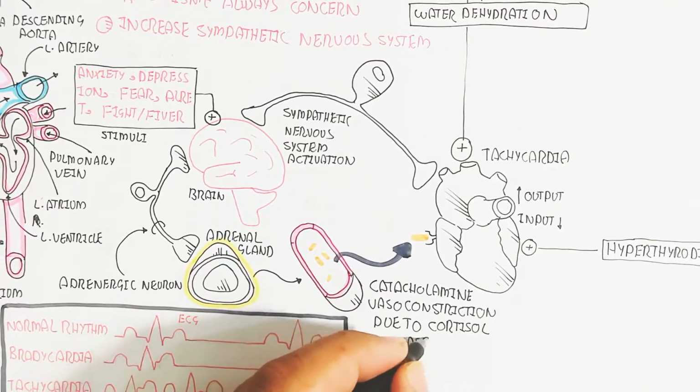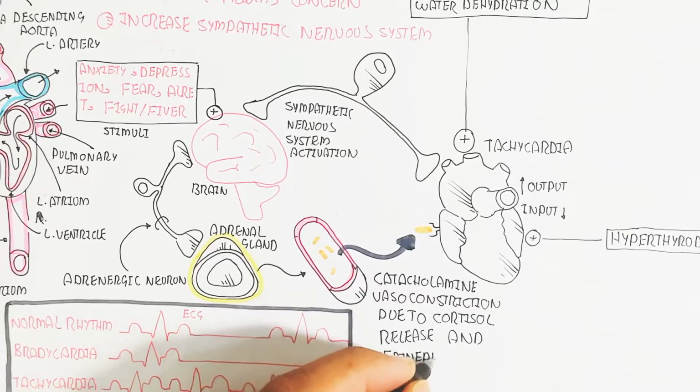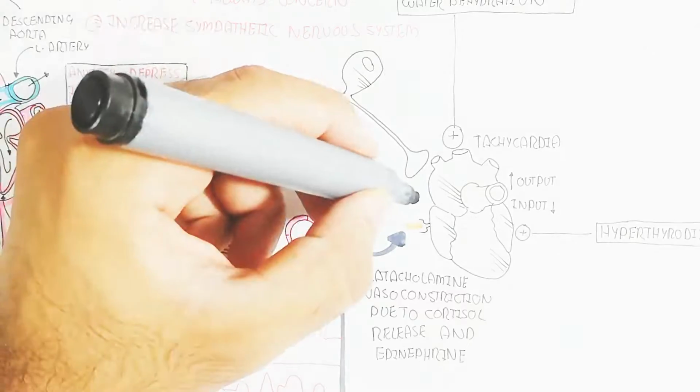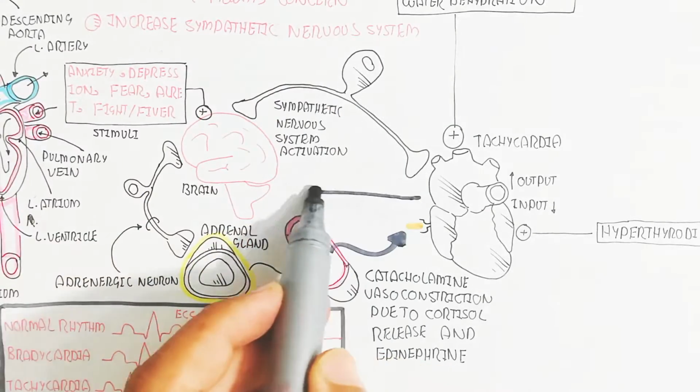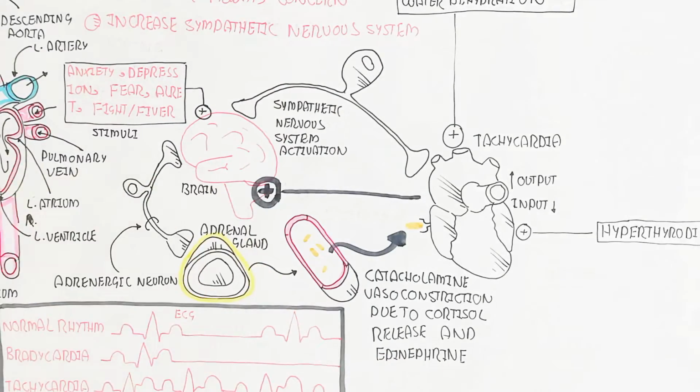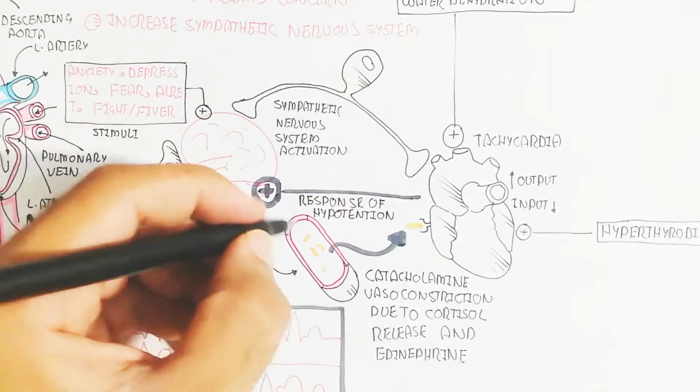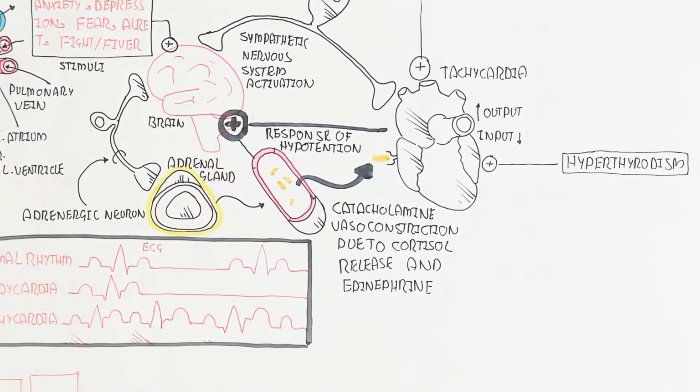And in this way, it will target vasoconstriction and vasodilation in the digestive system. So what does that mean? That means an increase of the vasodilation in the digestive system, while the increase of the vasoconstriction in the blood vessel will lead to increased blood pressure.